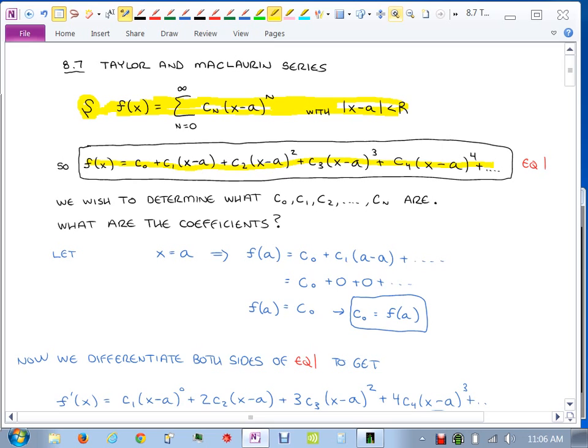So look at this equation, let x be equal to a in here, and doesn't that take everything and turn them into zeros except for that first constant, right? Everything else 0, 0, 0, 0, 0, 0, 0. So all we get is when we plug in x is a, we get that f of a equals that constant and then zeros. That means that that constant is equal to the function's value at a.